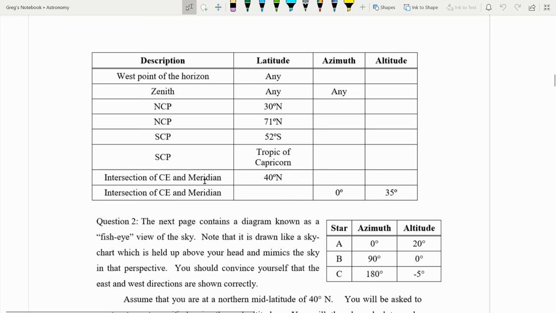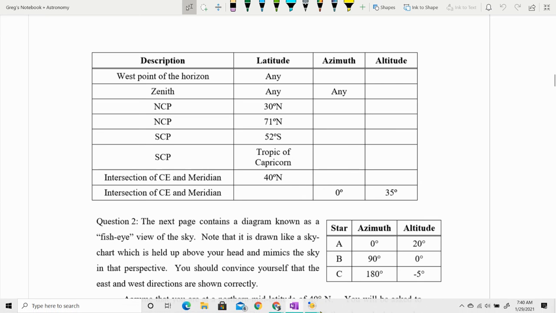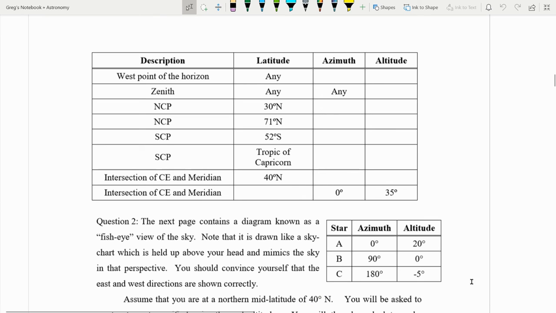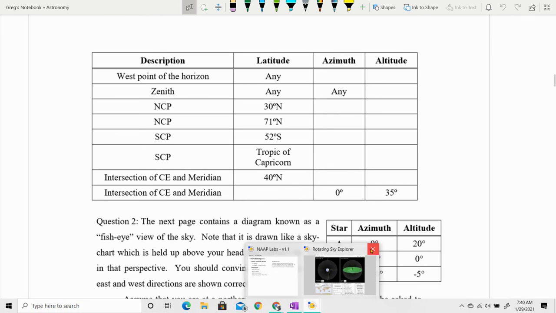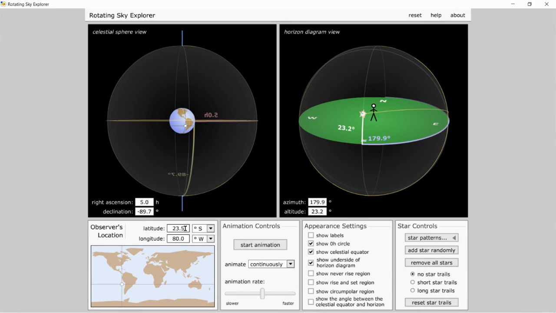Okay. Intersection of the celestial equator and the meridian at 40 degrees north. Let's check that now. 40 degrees north. So we got to change this back to 40 degrees north.